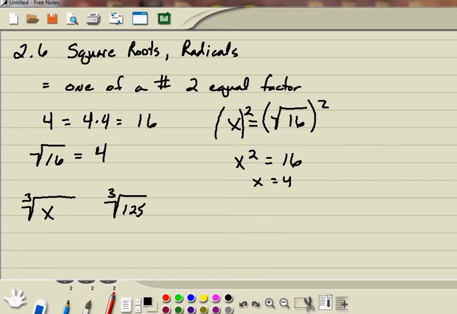And sometimes it's a matter of trial and error. Okay, well, I know that 10 times 10 times 10 is going to be way too big. I mean, we're looking at 1,000, so let's go down to 5, cut it in half. 5 times 5 is 25 times 5 is 125.